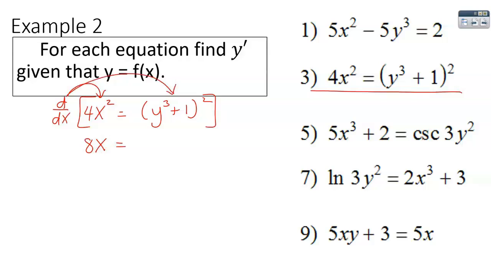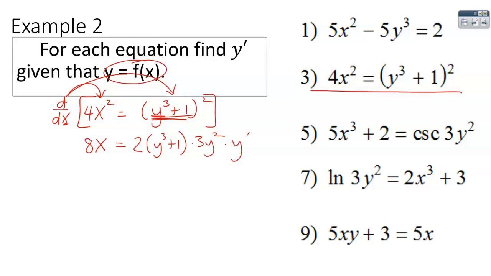The inside function is y cubed plus 1. The outside function is a square, so we're going to put the 2 in the front and keep the inside the same, times the derivative of the inside, which is 3y squared. And since we're finding the derivative of a y expression with respect to x, and y is a function of x, we need to put a y prime there as well.